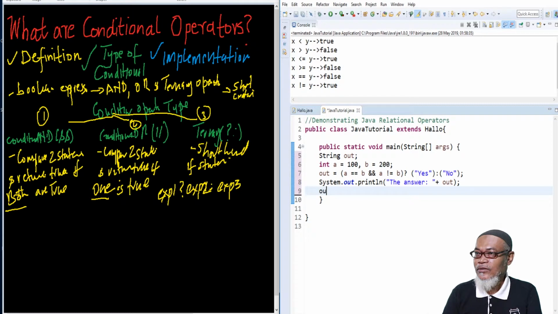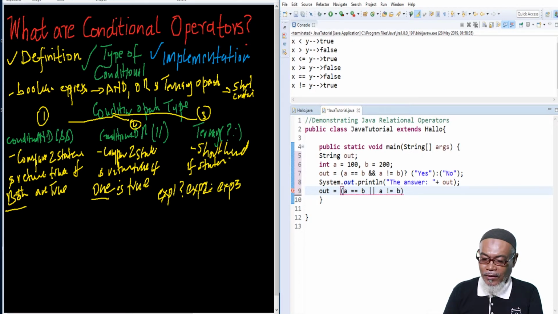Alternatively, I can say out equals, then put another expression: a equals equals b, and this time I'm not using the AND operator but the OR operator, or a not equal to b.